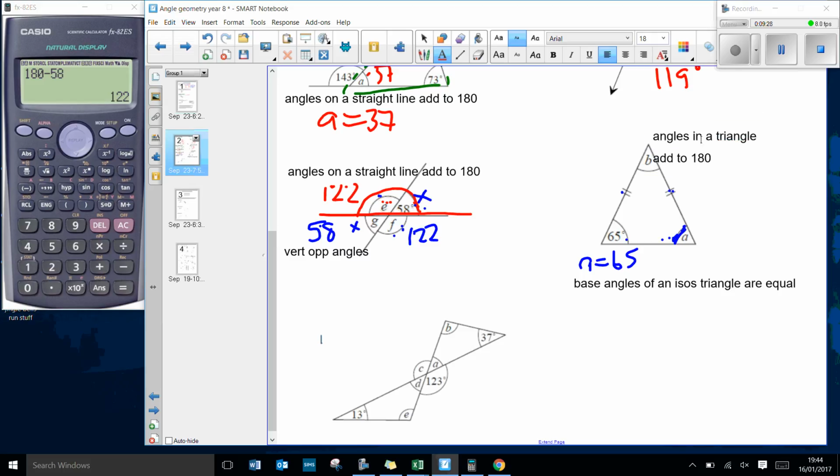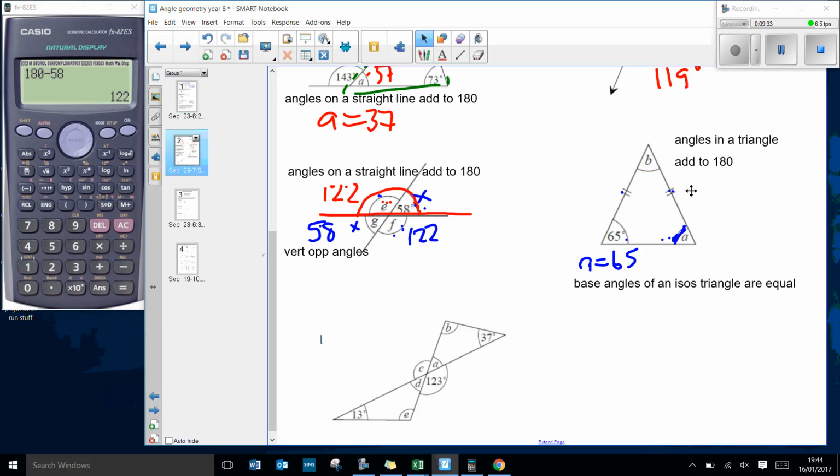Okay, so there's our reason, and we would then do 65 plus 65, which gave us 130, and then 180 subtract that, so angle B is 50 degrees.